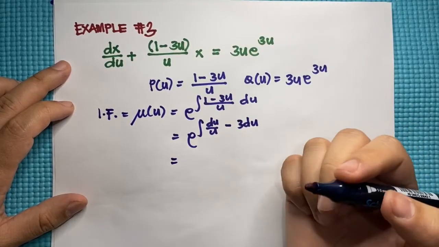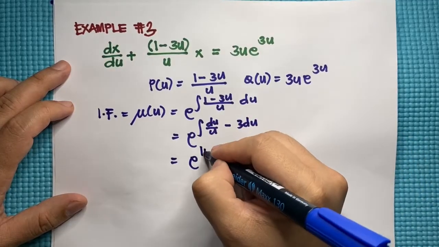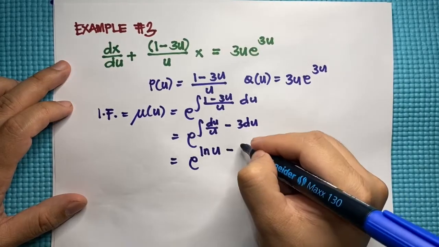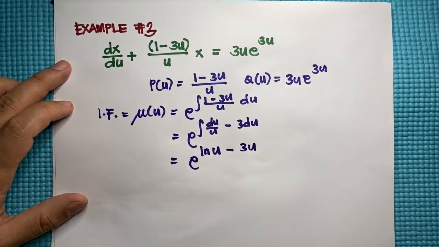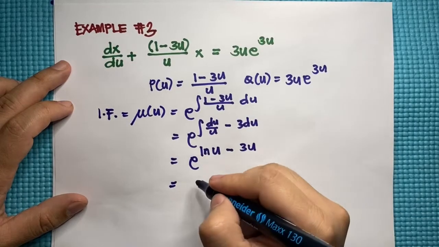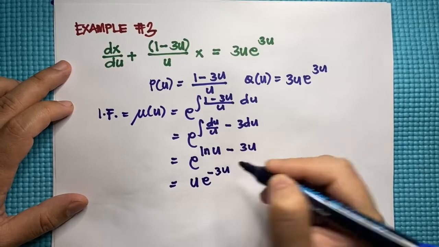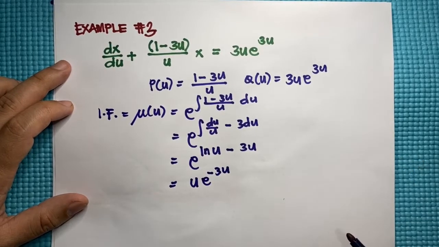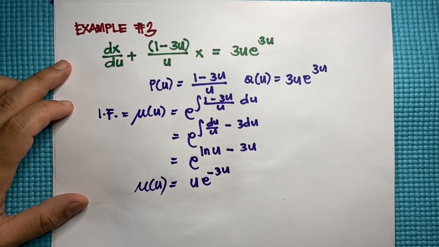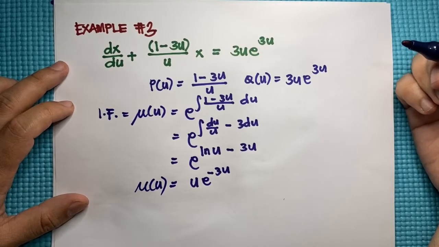In short, we'll have e raised to ln u minus 3u, giving us u e raised to negative 3u. So for our integrating factor, mu of u is equal to u times e raised to negative 3u.